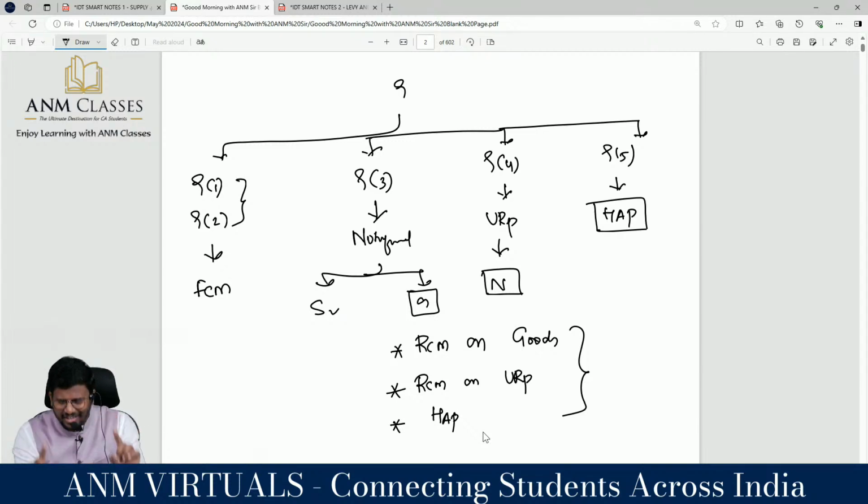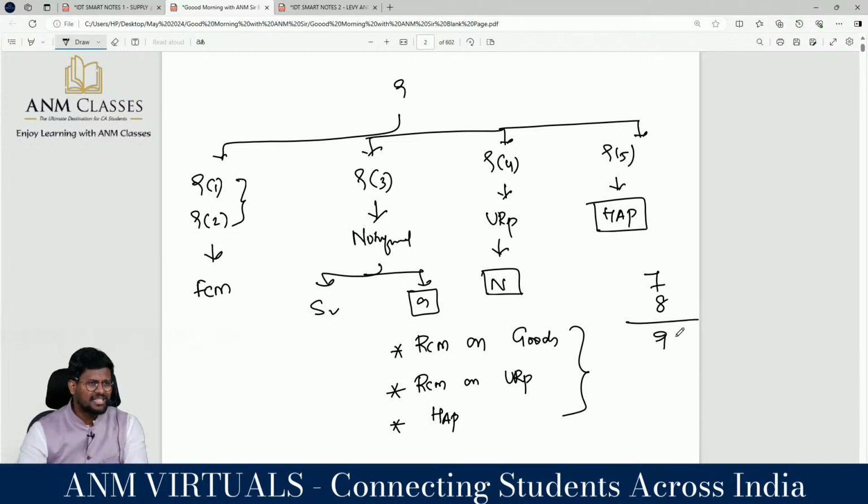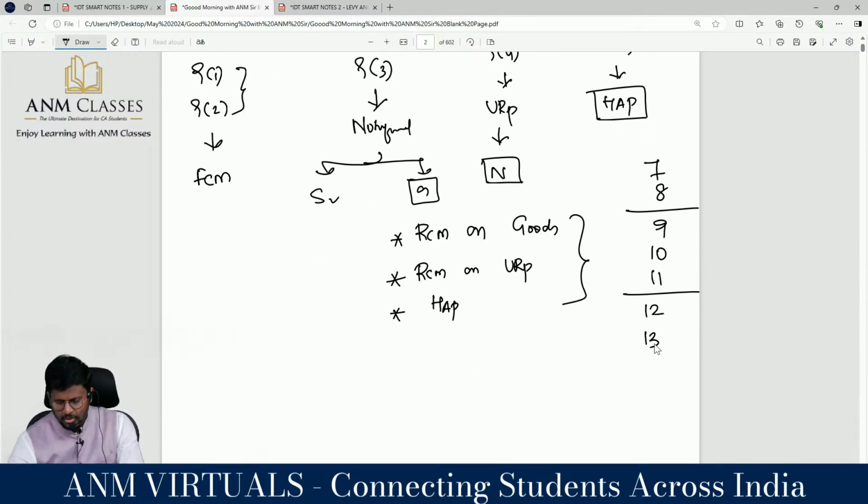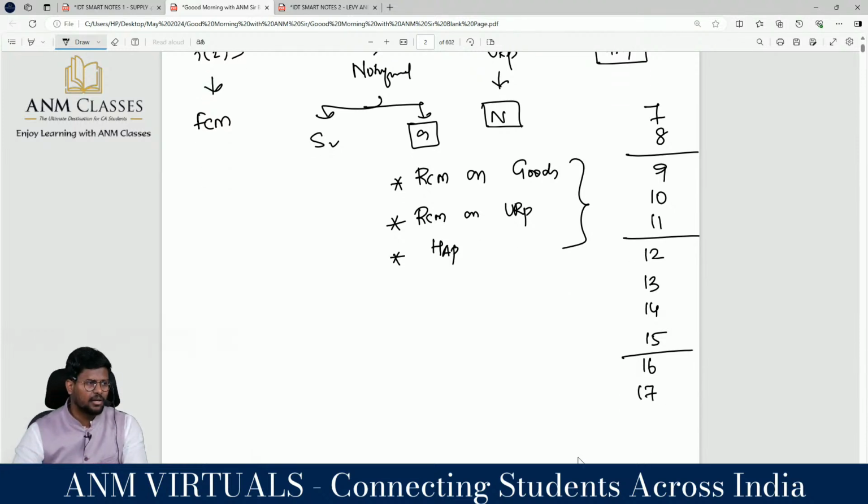What is section 7? What is section 8? What is section 9? What is section 10? Section 11? Section 12? Section 13? Section 14? Section 15? Section 16? Section 17? Section 18? Section 19?